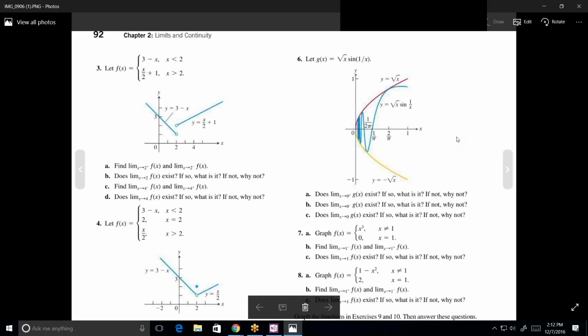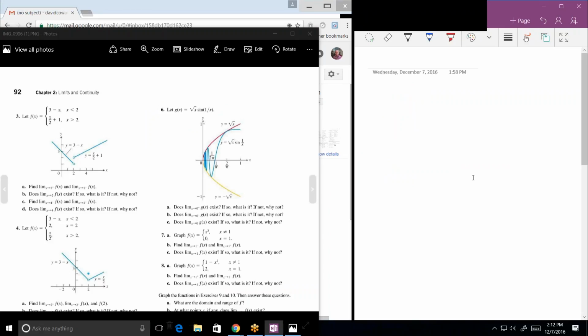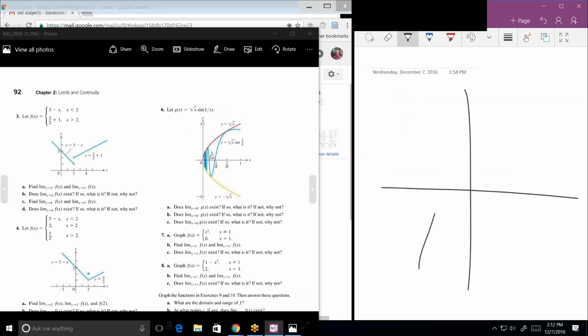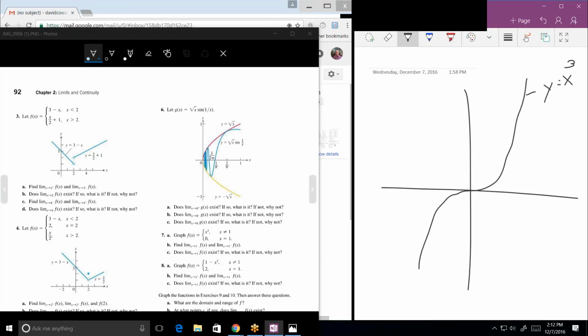Do you know what the graph of x cubed looks like? Yes, it's like a line from the top right that goes to the origin and goes down to the left. Yeah, let me just draw it real quick here. So that's y equals x cubed. But this is a piecewise function.